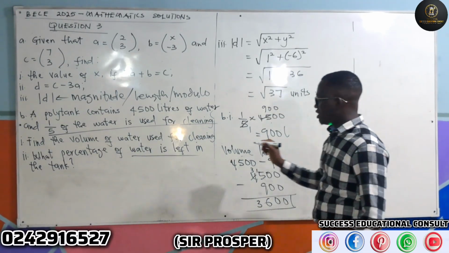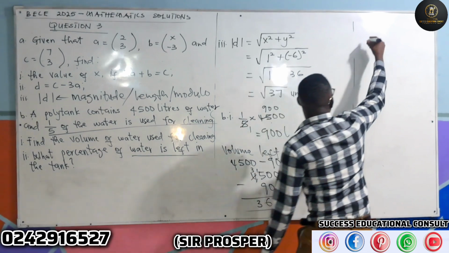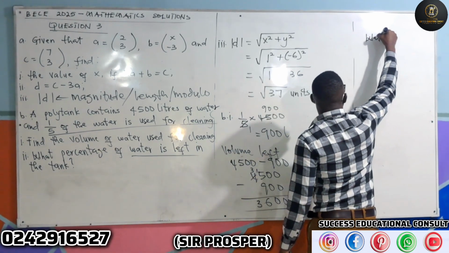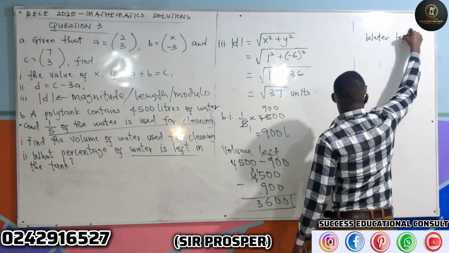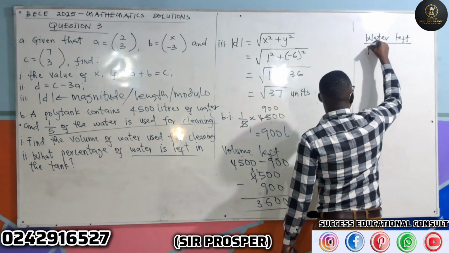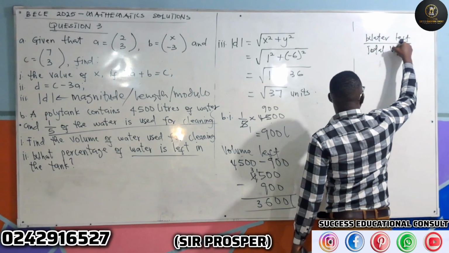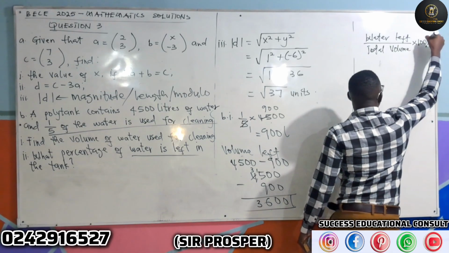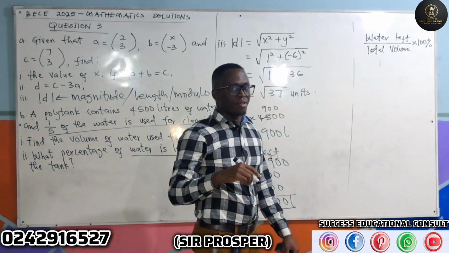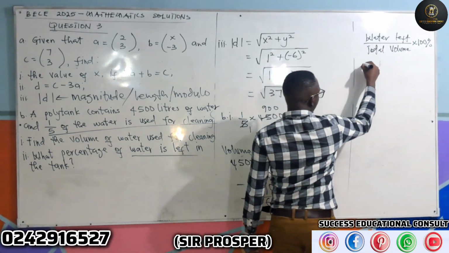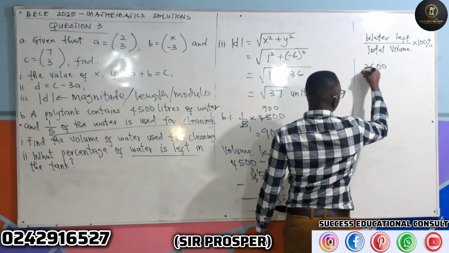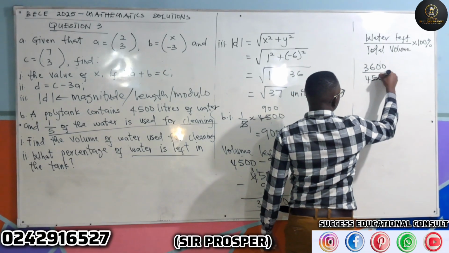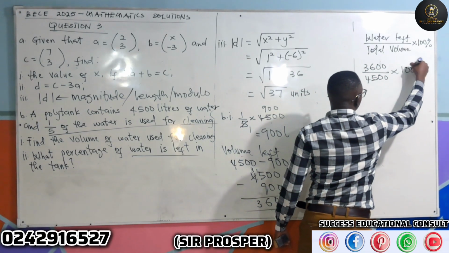We have the water left, or the volume left, over the total volume, times 100%. So that will give us 3,600 over 4,500 times 100%.